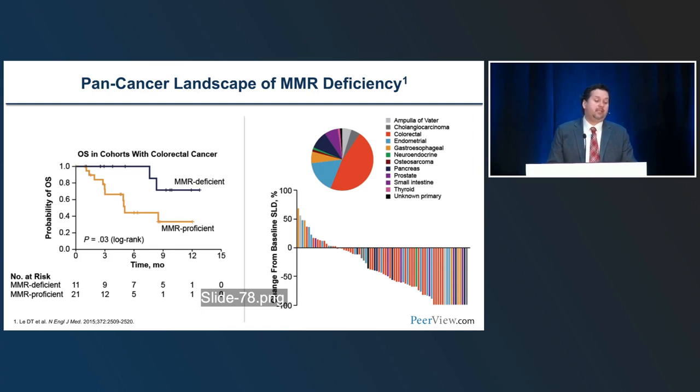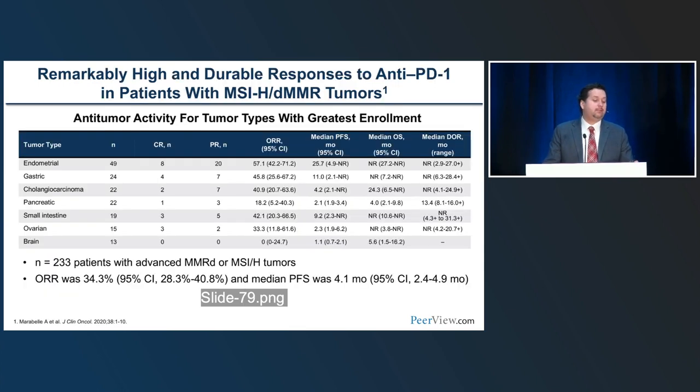This was extended to multiple different tumor types, which ultimately led to the tumor-agnostic FDA approval for every tumor type, even in kids.